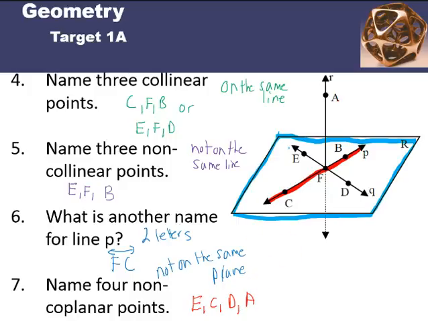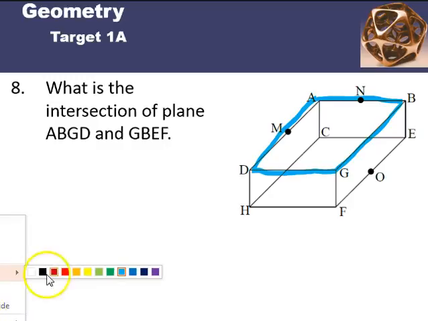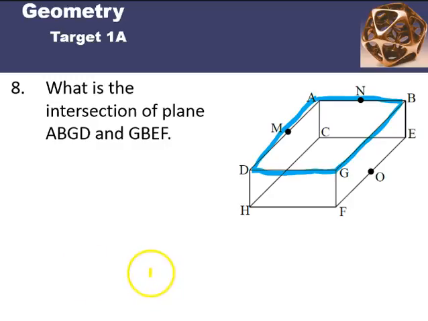Okay. And next, what is the intersection of plane ABGD and GBEF? So ABGD, we highlight it. ABGD is this top plane. And I want to know where it intersects with, I'll do yellow, with GBEF.